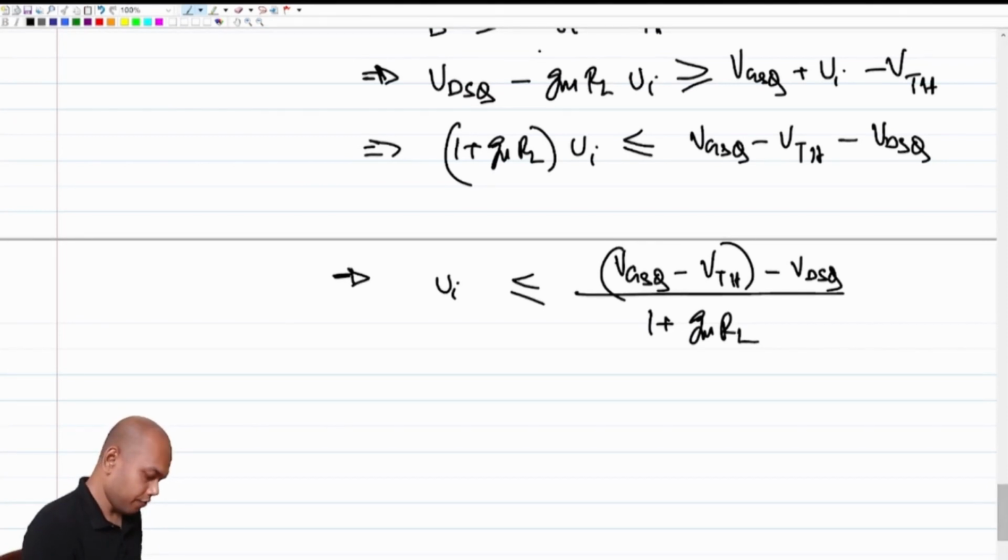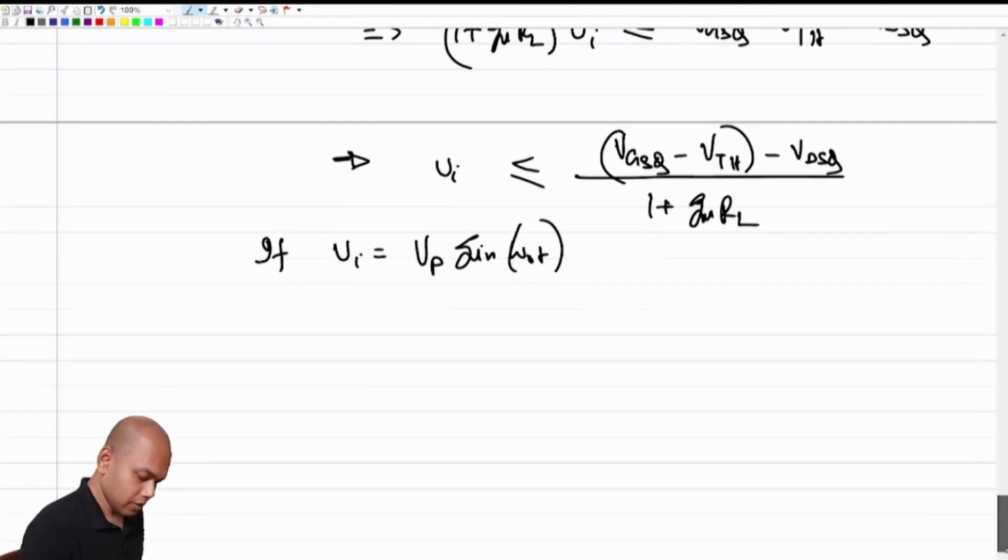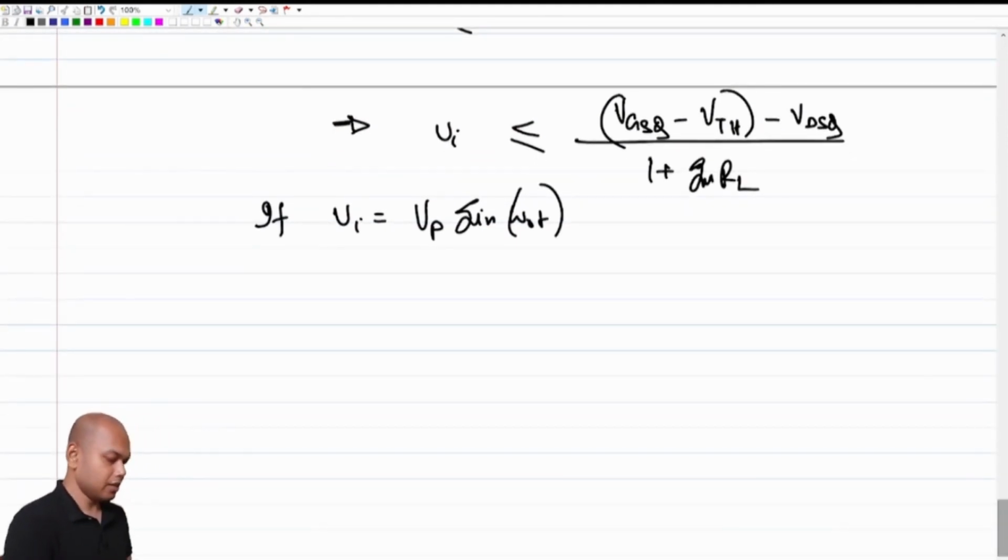And if Vi is Vp sine omega naught t, what does that condition impose?